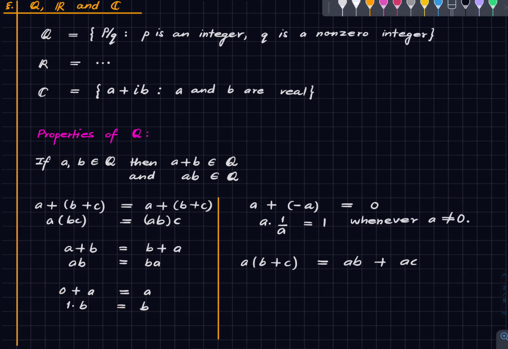Hence, if you have some statement that is true for an abstract field, it will also hold for all three of these things simultaneously. And that is the power of abstraction. You are able to put a lot of things under a single umbrella and therefore do not have to labor multiple times to prove the same thing for different objects. All right, so let's now get started with the main concept.